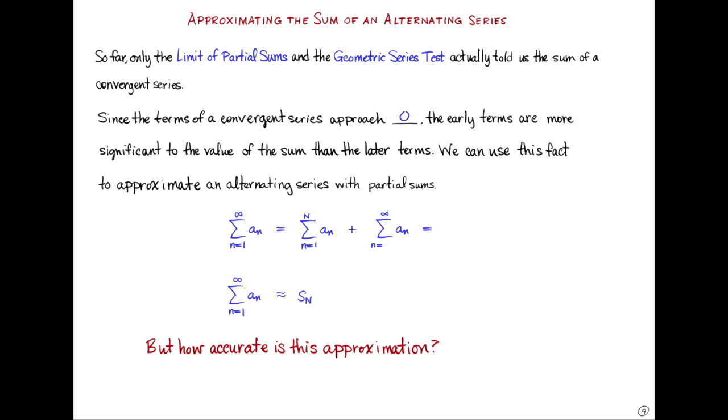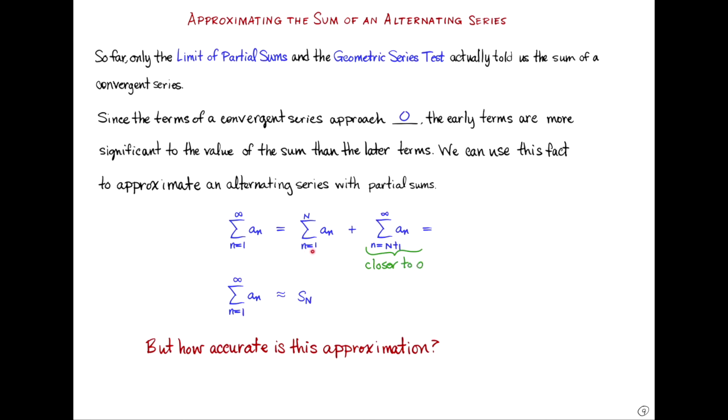The sum from n equals 1 to capital N, plus everything that comes after. So we'd be starting at n plus 1, and we'd be going to infinity.